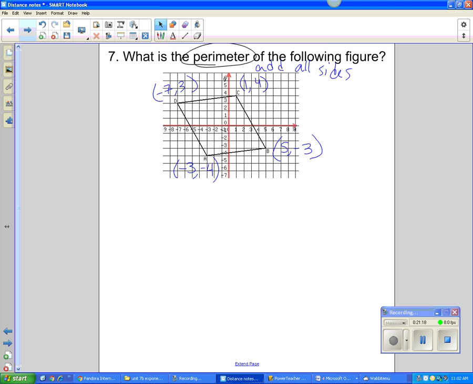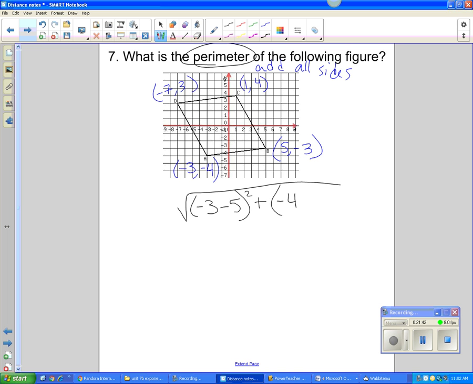Okay. All right, how many times are we going to have to do the distance formula on this one? 4 times. All right, let's see who's up. Julius, help me with the bottom. What would you type in your calculator if I was doing these bottom 2 points? Negative 3. Good job, Julius.